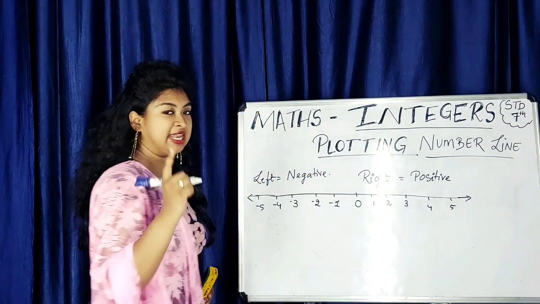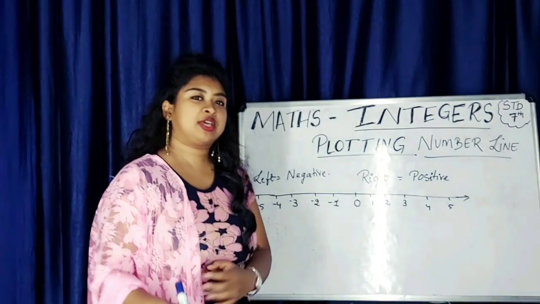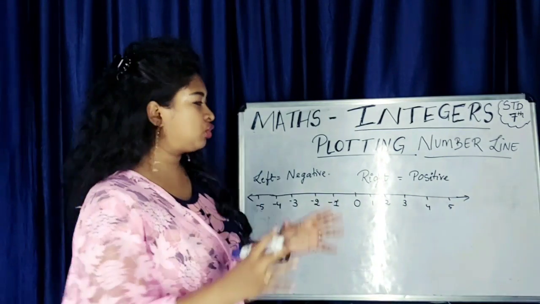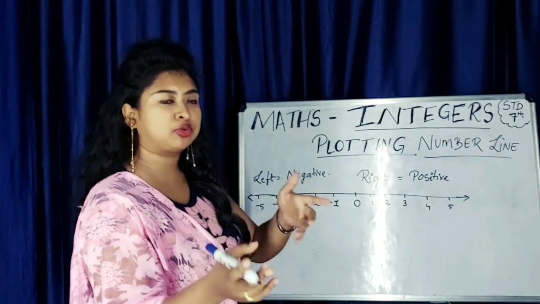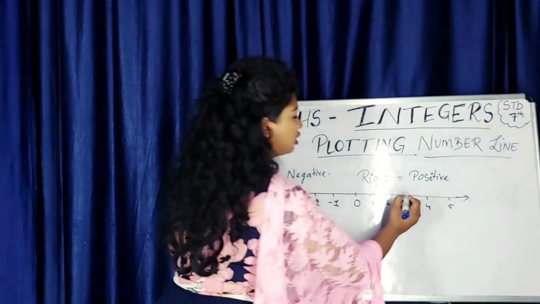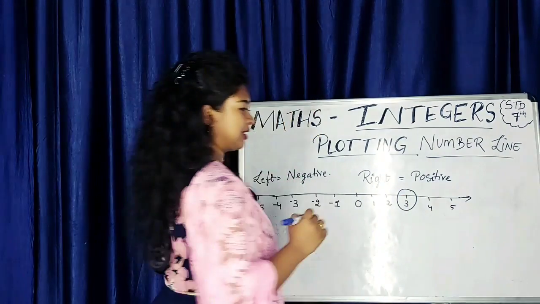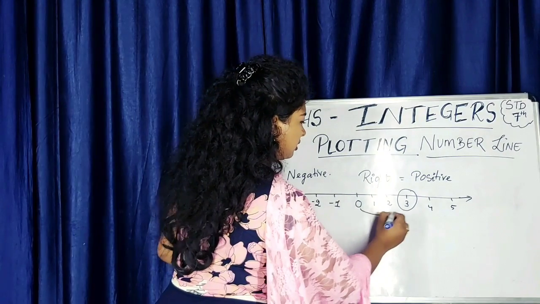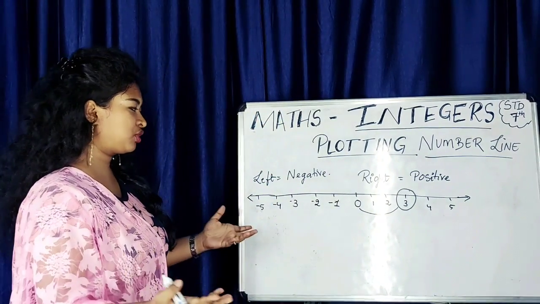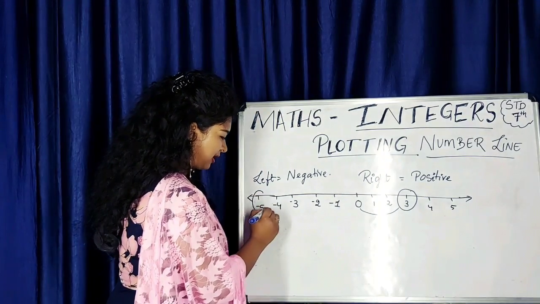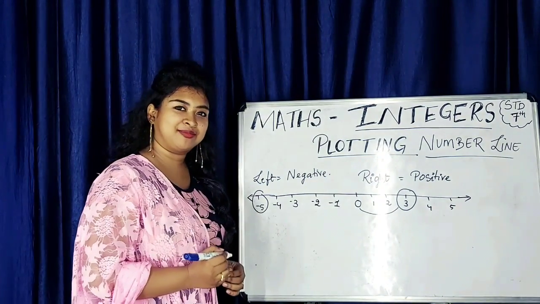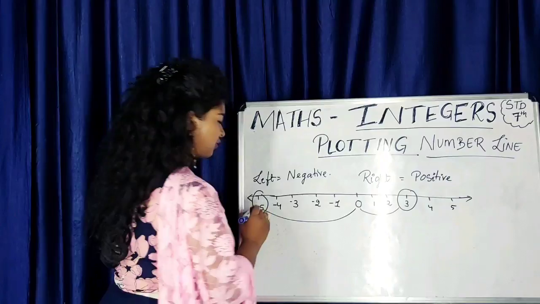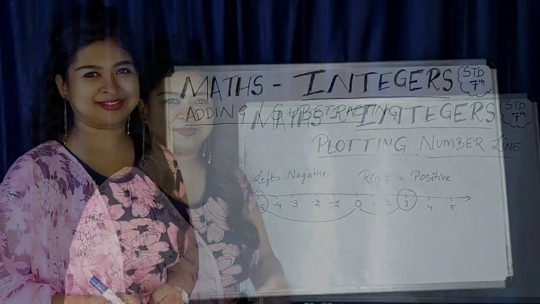It is negative integers, right? So if I am going to ask you to plot a number, अगर मैं आपको बोलती हूँ कि चलो आप number line पे 3 को plot करो, mark करो. So what are you going to do? It's 3 and you are going to plot it as 3. If I am going to say you -5, because we already have your -5, you can plot it right over here, right? So now let's go to the next topic.